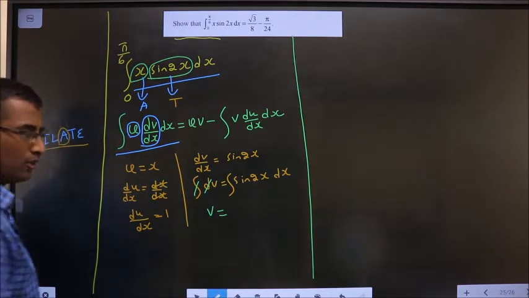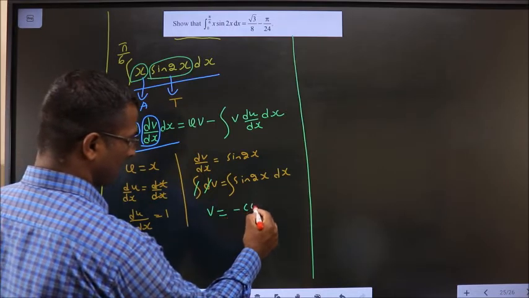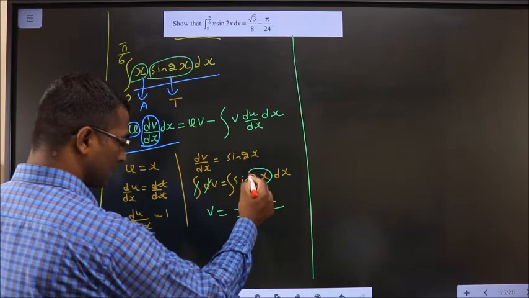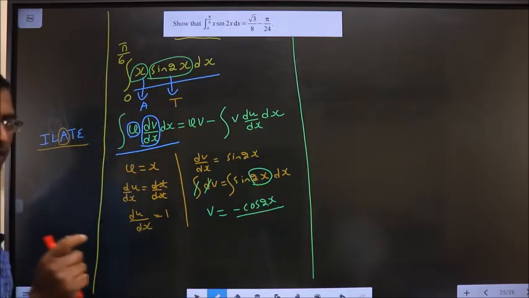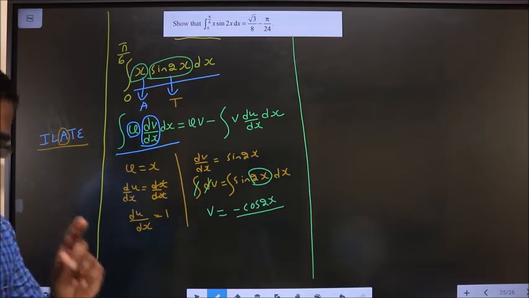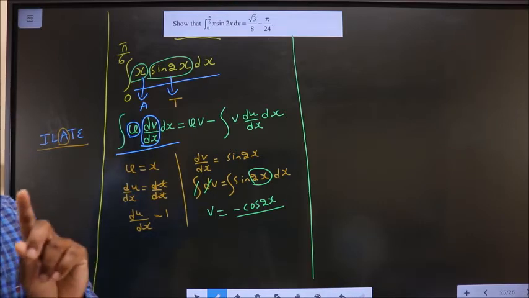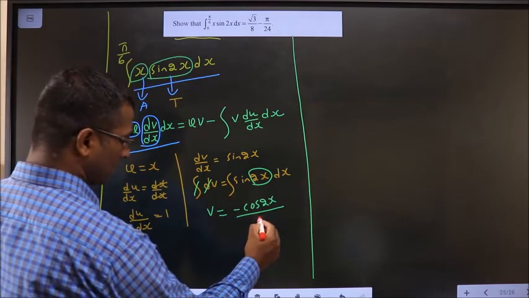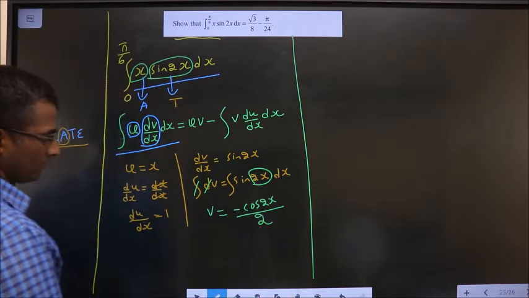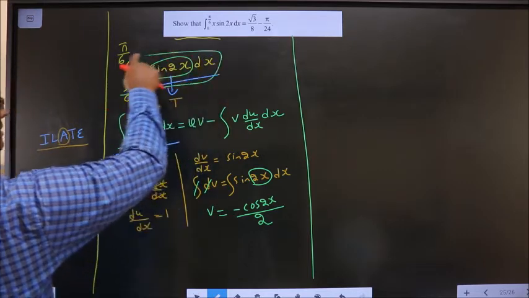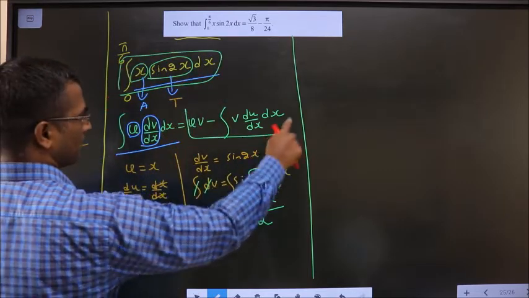Integration of sine 2x: integral of sin x is minus cos x, divided by, in place of x whatever you have, that derivative should be written in the denominator. Don't forget, many forget but you should not forget. Clear? Okay. So the derivative of 2x is 2.